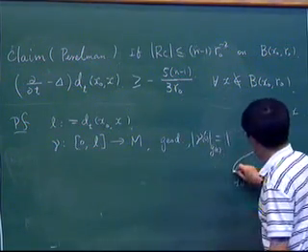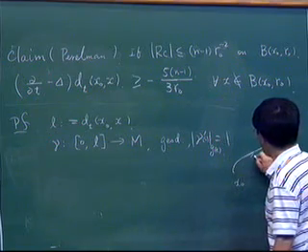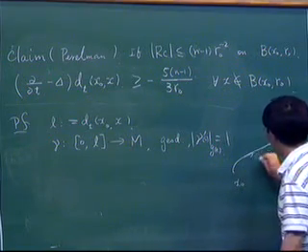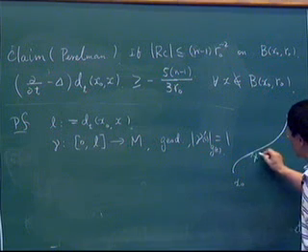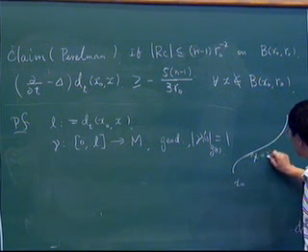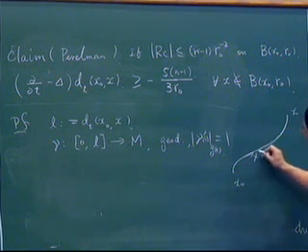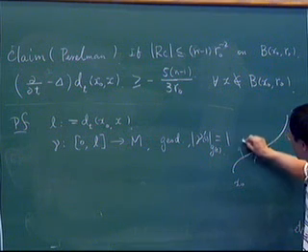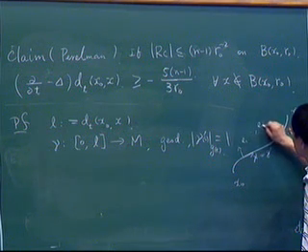We can take e_1 equal to gamma prime, the vector field of this geodesic, and e_2 up to e_{n+1}, parallel vector fields.